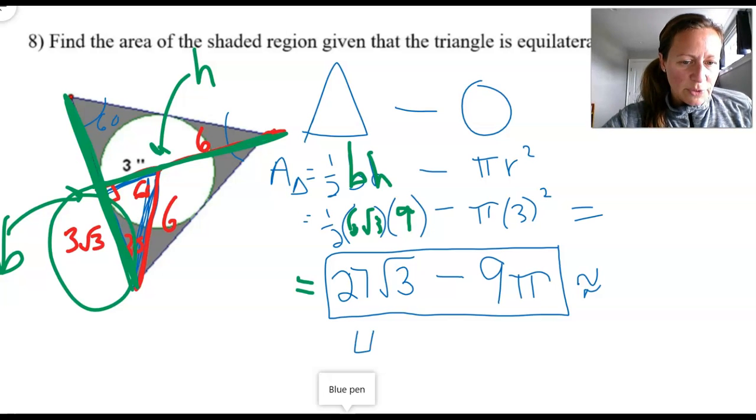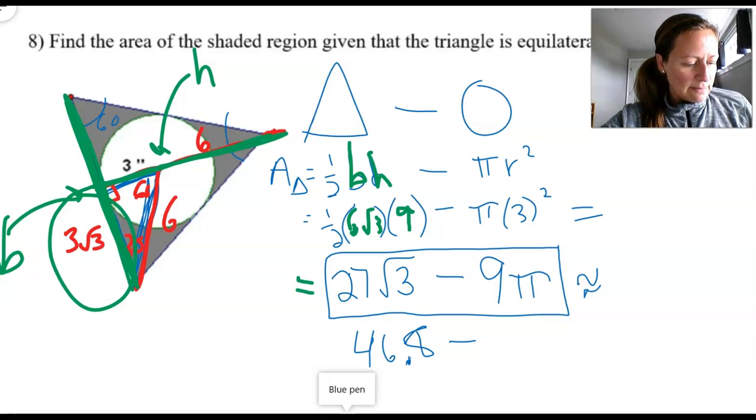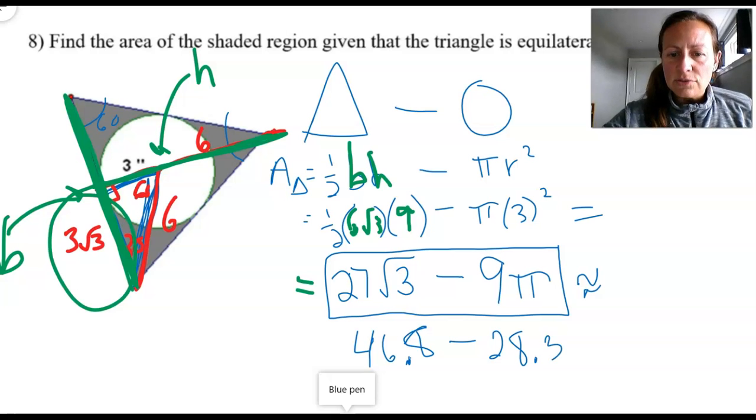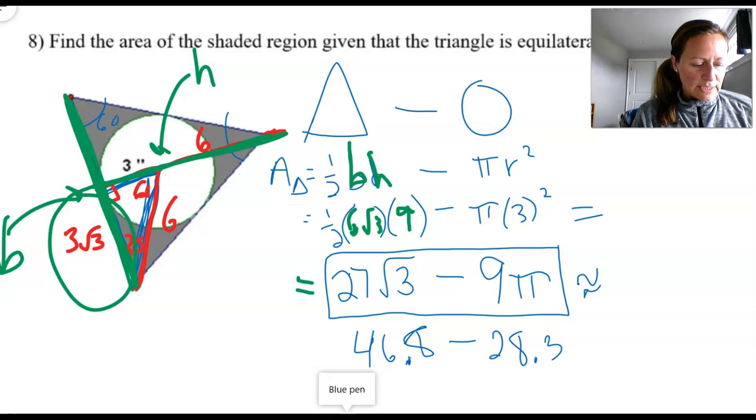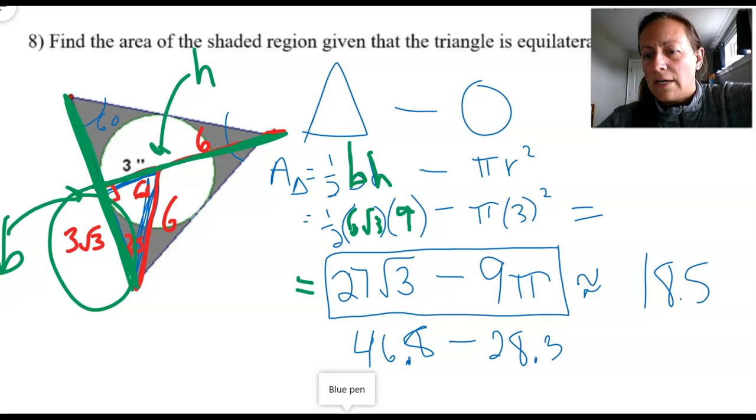That part comes out to be 46.7 or 8 if I round it. And then I have to do 9 times pi. That is 28.27. I'll say 28.3. So the approximate answer, 46.8, that's the triangle area, minus the circle area of 28.3 is going to be approximately 18.5 square inches.